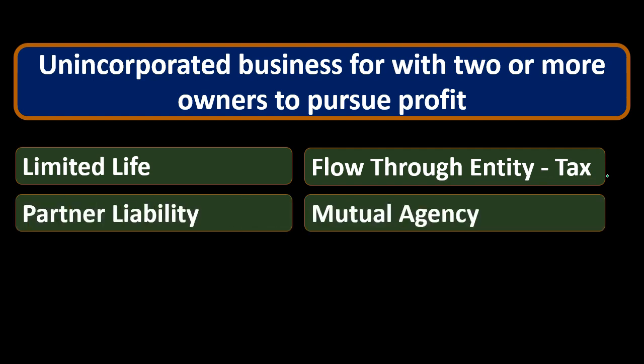There's also going to be mutual agency. And this is a problem that could happen in terms of partnerships, or it could be a benefit as well. But once we have the resources that are in the partnership, any partner can then make binding contracts about the current resources or future liabilities. And those binding contracts, because they're acting as an agent of the partnership, become binding to the others as well.